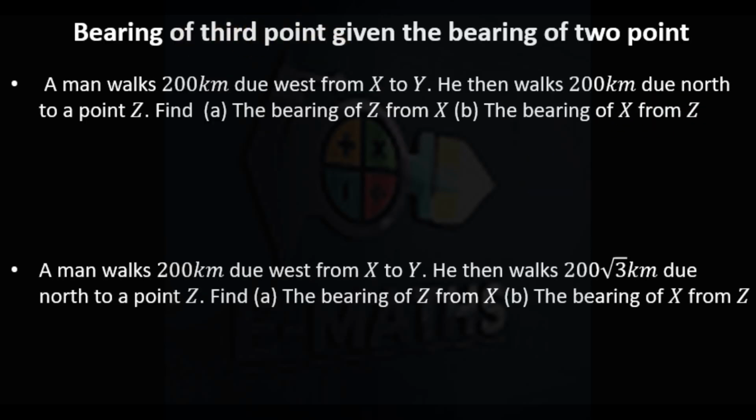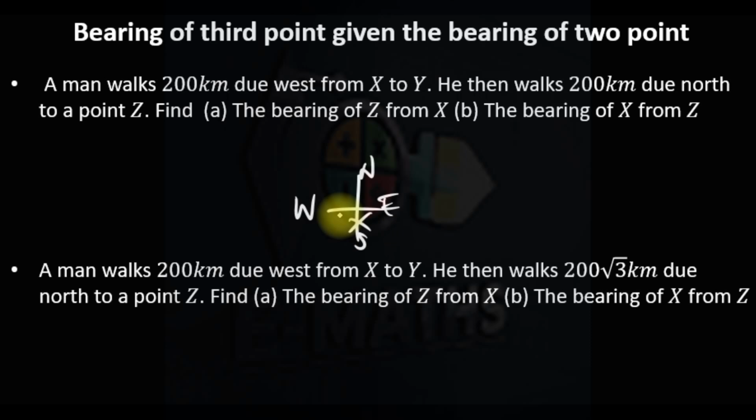We are now given three points and the bearing of two points, and we are asked to find the bearing of the third point relative to any of the points given. They say the man walks 200 kilometers due west from X to Y. So this is north, south, east, west.